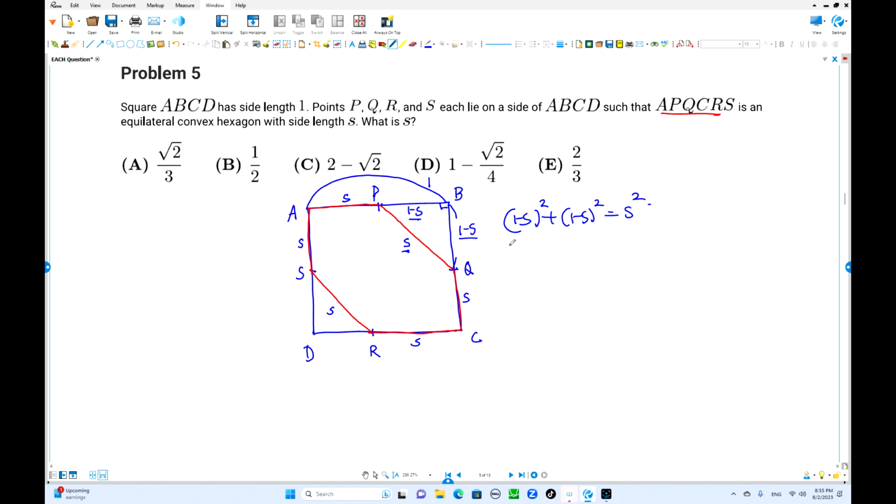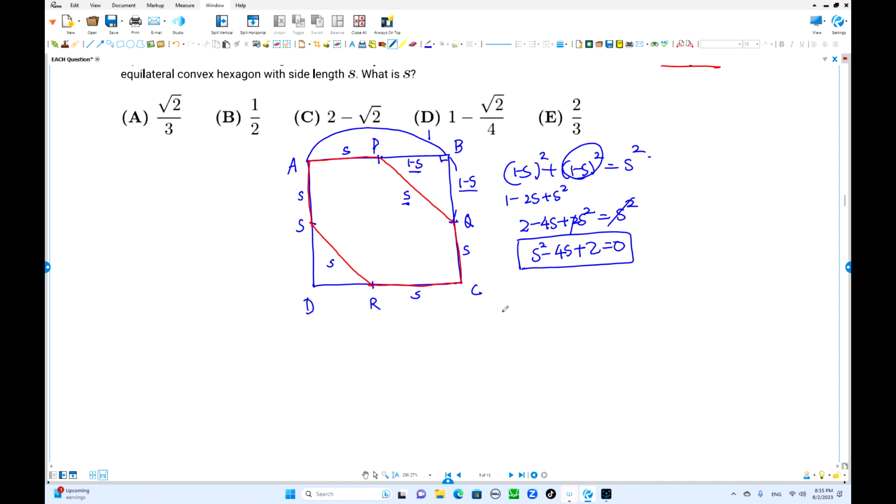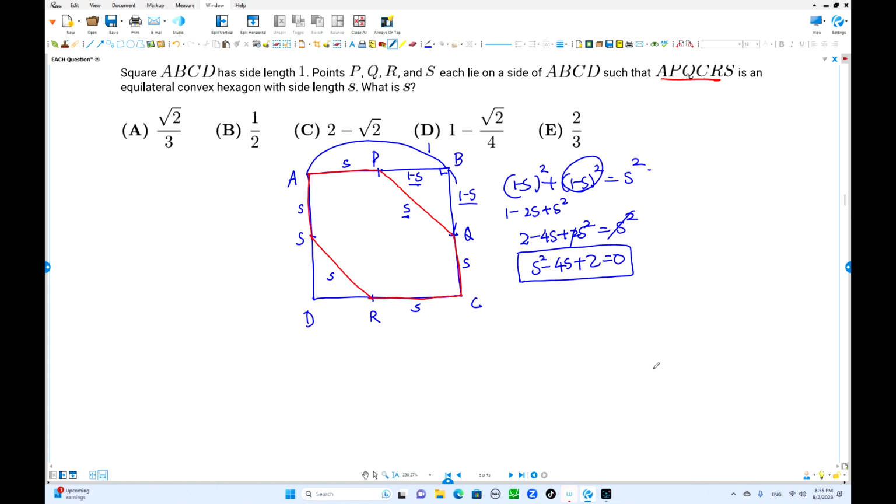So when you simplify this, 1 minus 2s plus s squared, twice, another one here: 2 minus 4s plus 2s squared. Twice of this equals s squared, okay? So one s squared is out, we got s squared minus 4s plus 2 equals 0. But this is not factorable. So we're going to find the value of s using the quadratic formula.